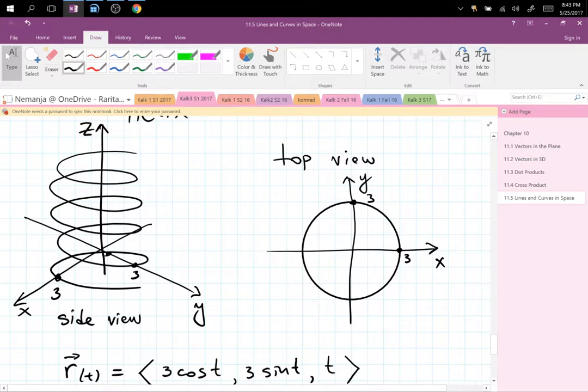Whatever plane had the circle, those dimensions will be populated by sine and cosine. And whatever axis it was wrapping around was the one where the t or t squared or whatever equation determined how fast the helix progresses.